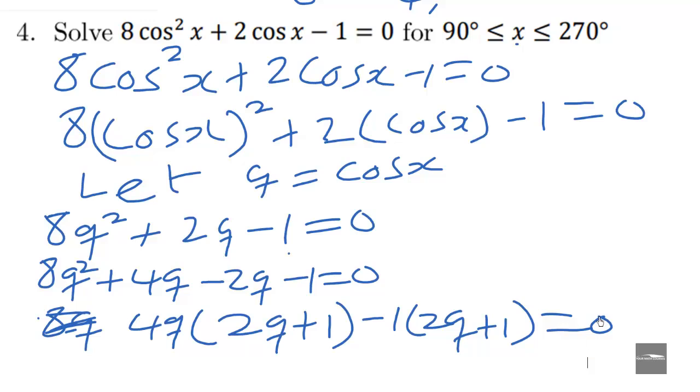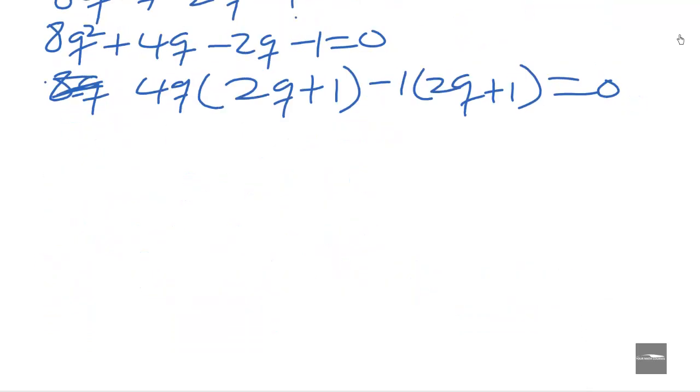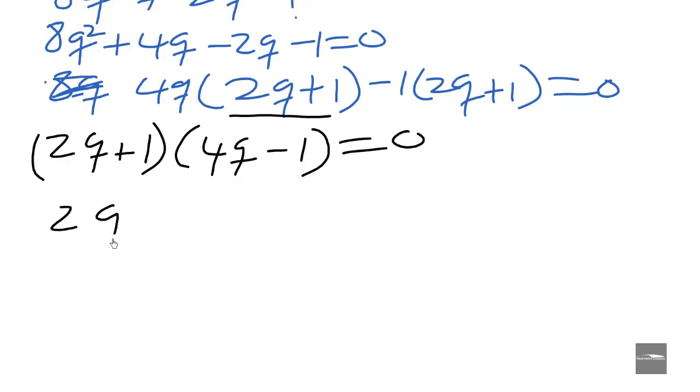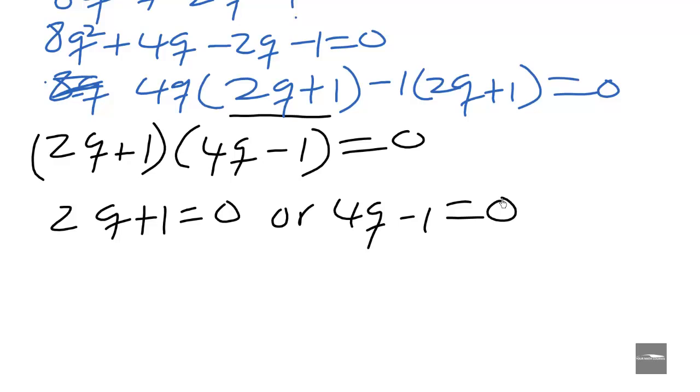Now what can we do next? So we can factor further to get 2q plus 1 out, then we have 4q minus 1 equals 0. So we get 2q plus 1 equal to 0 or 4q minus 1 equals 0.